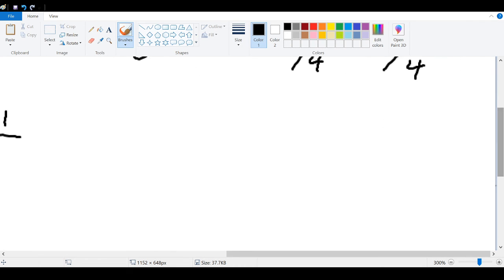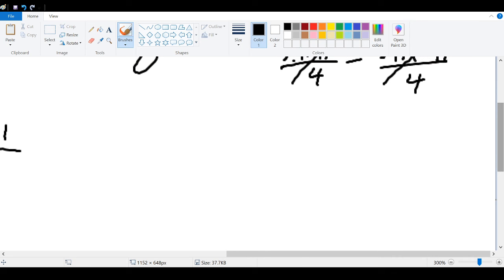Alright, now let's tackle the integral on the right, which is an even easier integral to do. We have the integral from negative pi over 2 to pi over 2 of 1/2 d theta, whose antiderivative is just theta over 2.